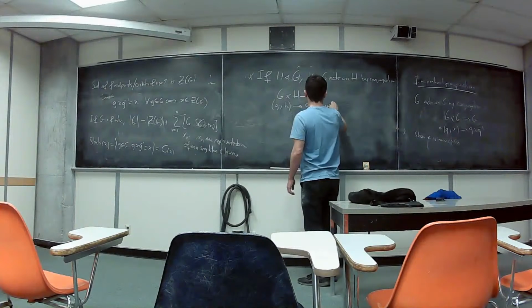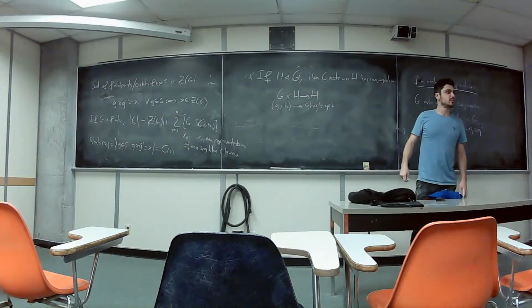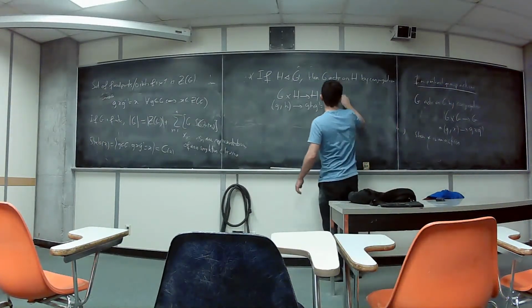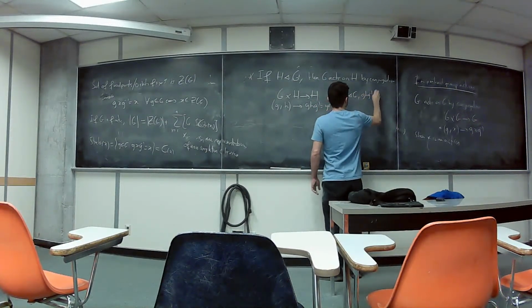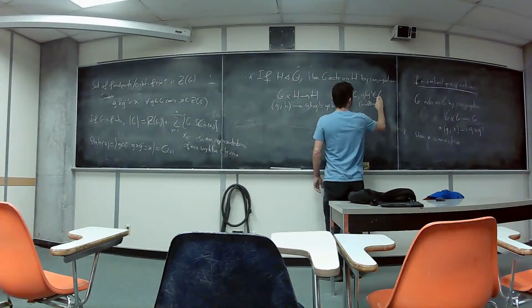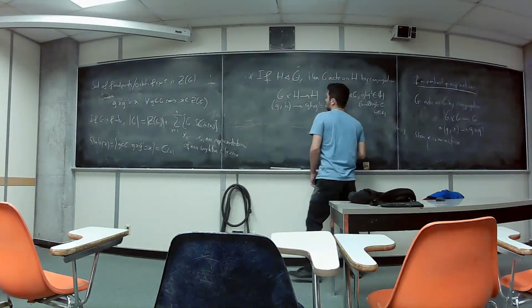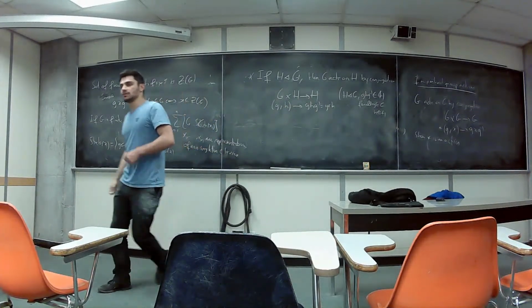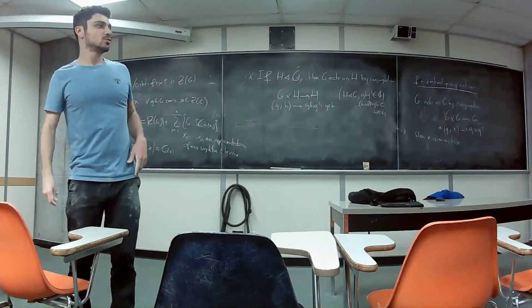This is g star h in that case, right? And why does g h g inverse belong to H? Anyone can help me? Because H is normal. H is normal, and you have to justify that if you get a question like that. So g h g inverse belongs to H for all g in G and h in H. You have to show this is a group action. Show that star is a group action, right?